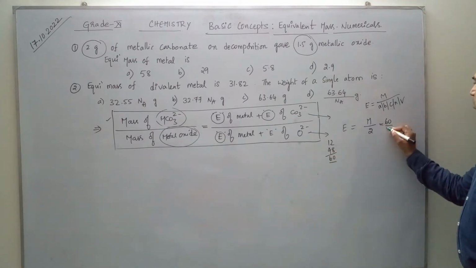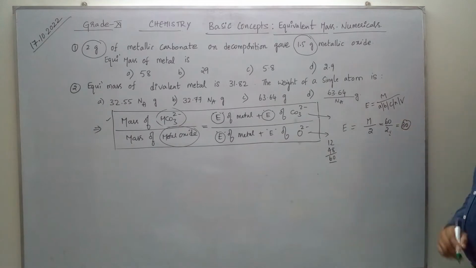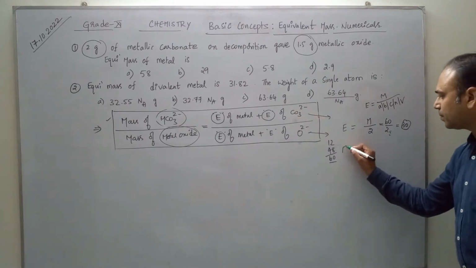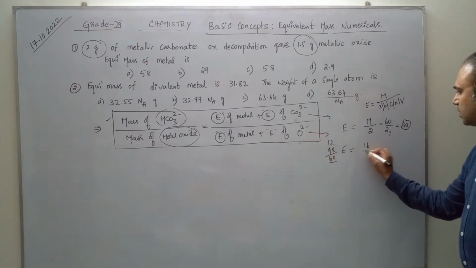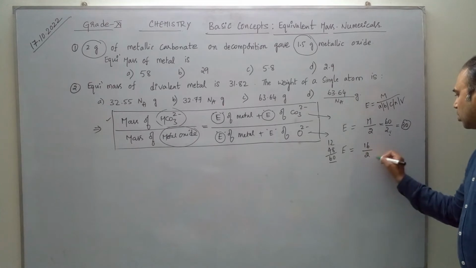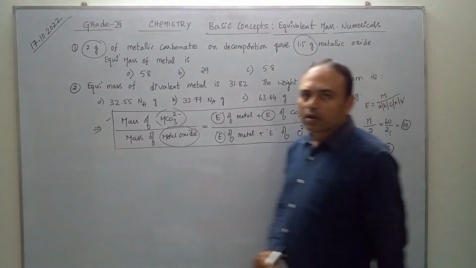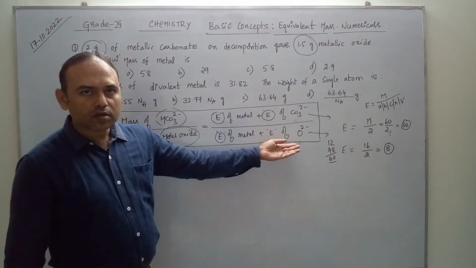So 60 by 2 is nothing but 30. So equivalent mass of carbonate is 30. Second one, for oxide: M, that is 16, by valency 2. Here we have 8. Now in the first step we have calculated equivalent mass of carbonate as well as oxide.